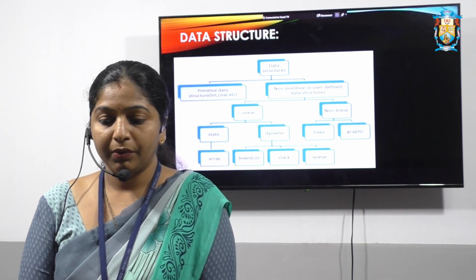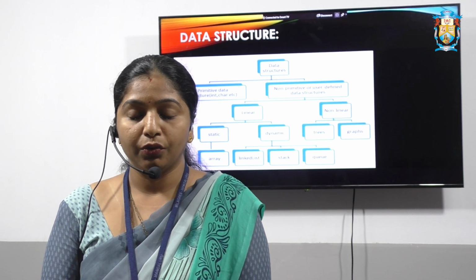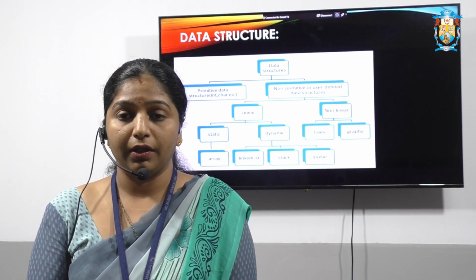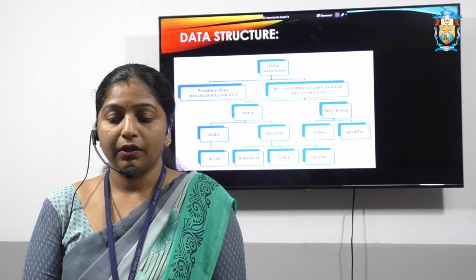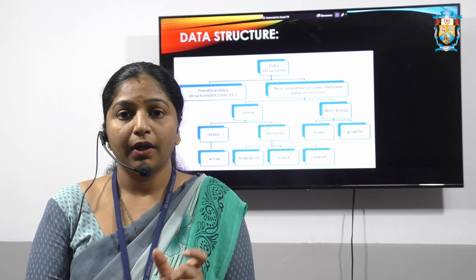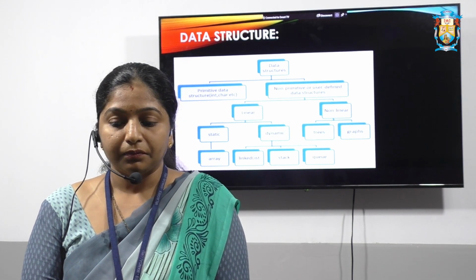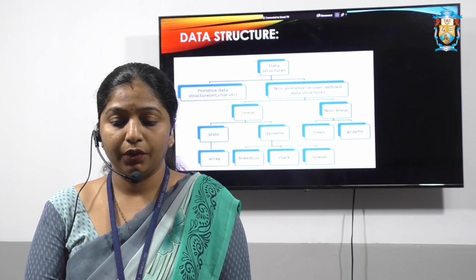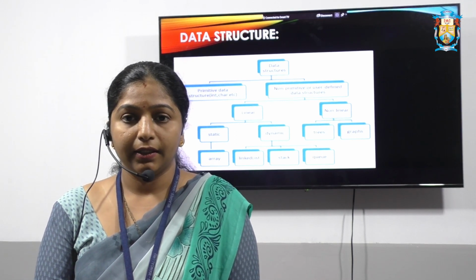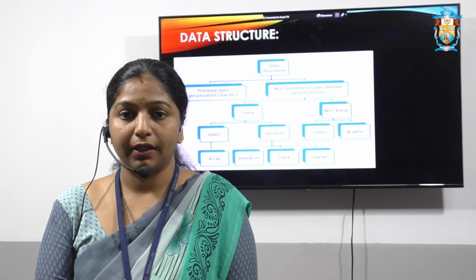So non-primitive data structures are classified into two types, that is linear and non-linear. Linear data structures are the data structures where the data are stored in sequential order. And we have two types of linear data structure, that is static data structure and dynamic data structure.